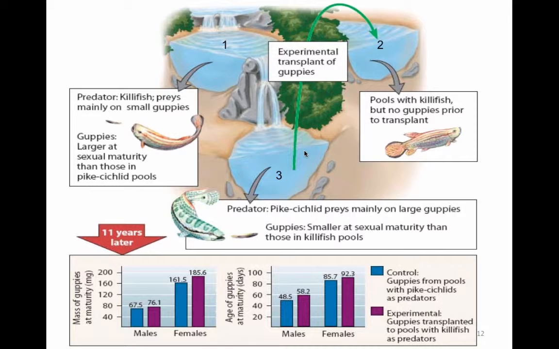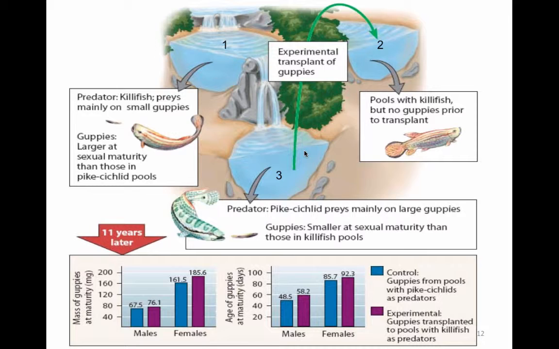Pool 1, a control pool, has guppies and killifish who feed on the small guppies. Pool 2, the experimental pool, also has killifish, but initially there are no guppies. And pool 3, also a control pool, has both guppies and a pike cichlid who feeds on the large guppies.